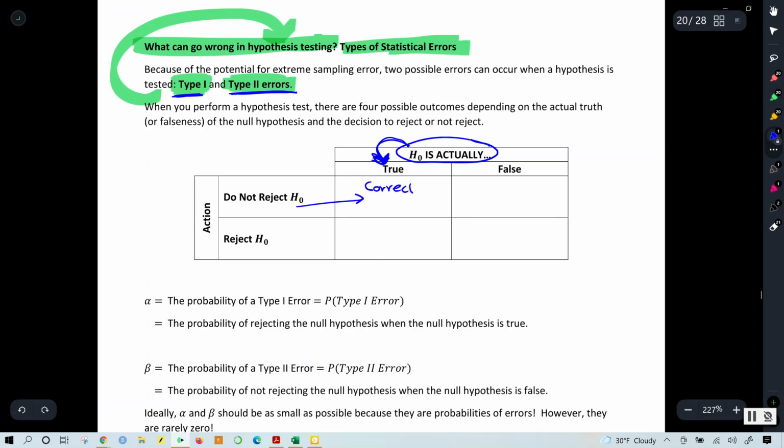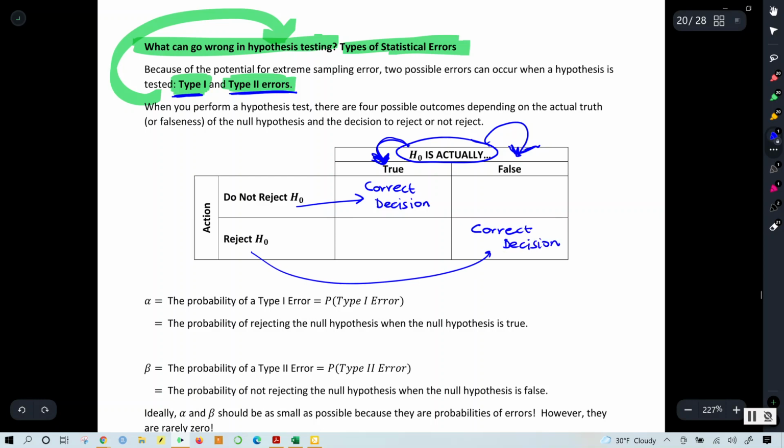This is a correct decision. And in a similar vein, if the null hypothesis is actually false, I don't want to embrace that. So I would like to reject it. If it is false, I would like to reject the null hypothesis.